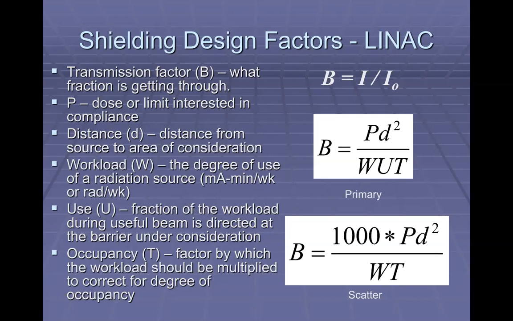I mean, it'll be incident on the primary shielding as well, but the primary beam will never hit the secondary shielding, whereas scatter will hit every shielding. So you can get away with doing a little bit less shielding in the secondary areas, because all you're going to be dealing with is scatter, which is theoretically much less intense than the primary beam.